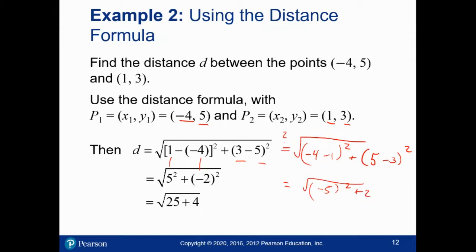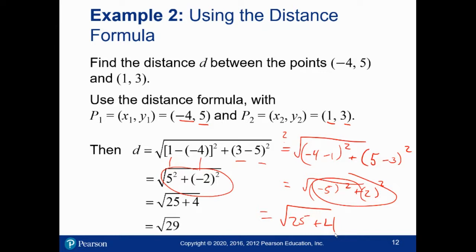And what's 5 minus 3? It's 2. So notice these numbers are technically different from these ones, but when I square them, the 5 and the -5 are both going to square to 25, and the 2 and the -2 are both going to square to 4. So at the end of the day, it doesn't matter what order you put them in. You'll end up with root 29 regardless.